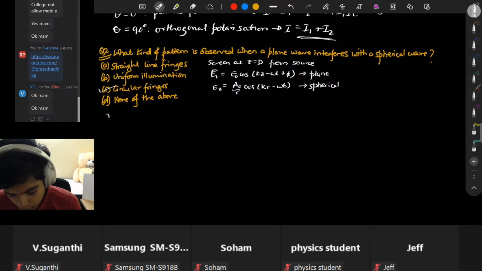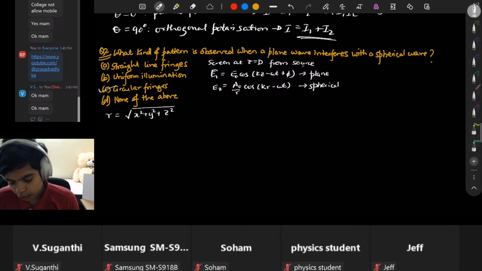What is r? r is nothing but square root of x squared plus y squared plus z squared, and z is equal to d, that is what we are taking. So this will be square root of x squared plus y squared plus d squared.